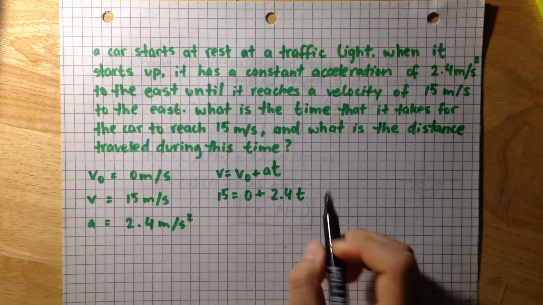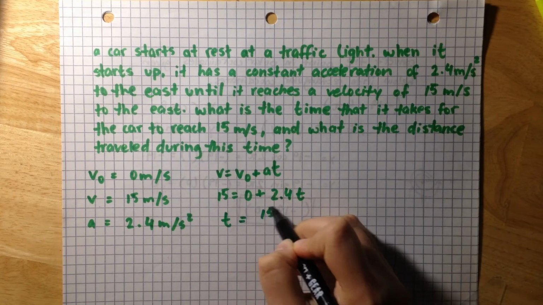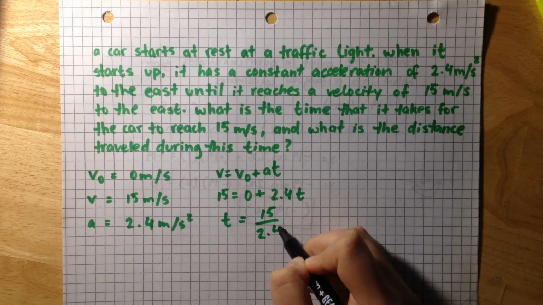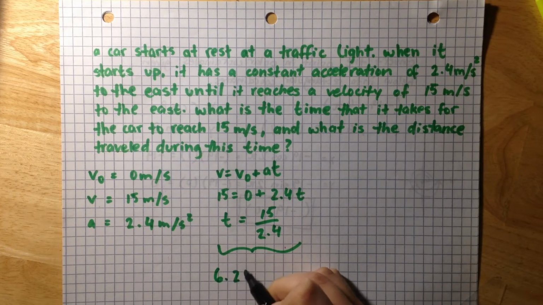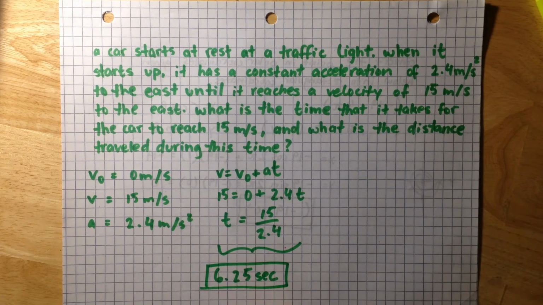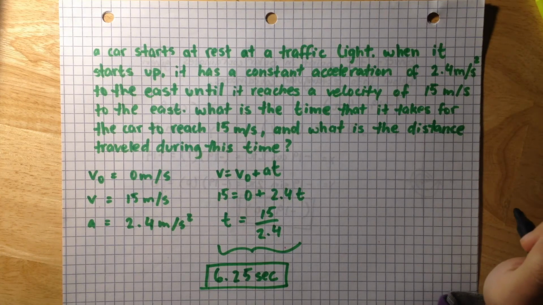So rearranging this equation so that it equals t, 15 divided by 2.4, and when we put that into the calculator we get 6.25 seconds as how long it takes for this car to accelerate from rest to 15 meters per second.